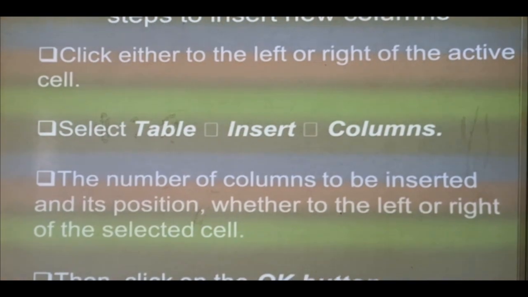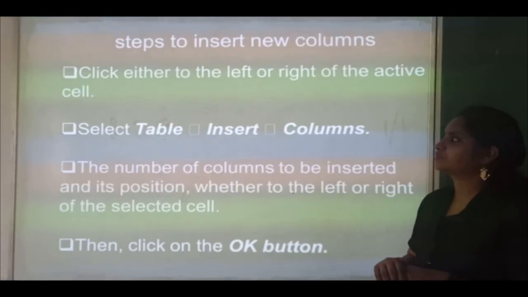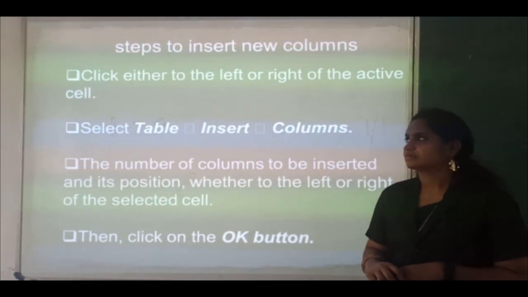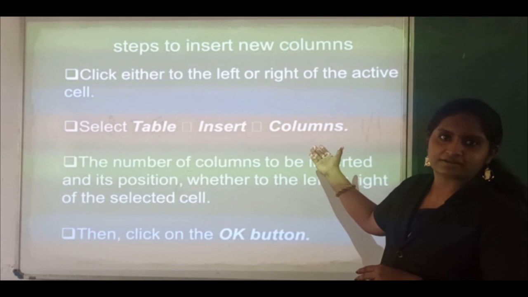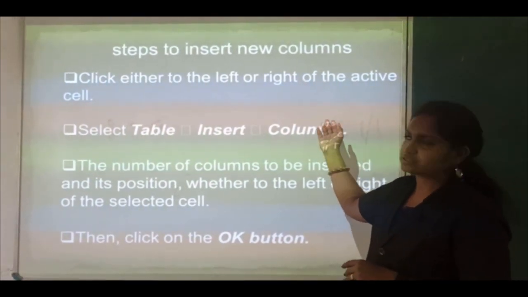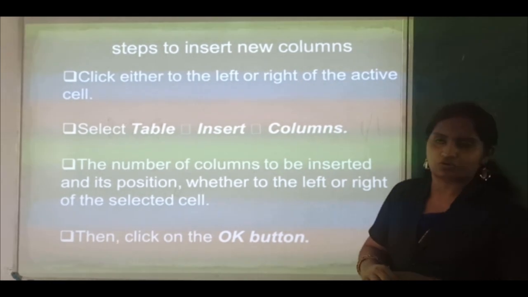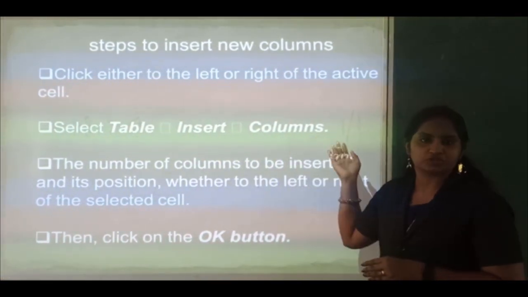Clear. And next is how to insert a new column. If you need to include a new column in a table, how can we do it? So go to that table and just right click where you want to include a column or row. Just click near that column or row and go to table, insert columns, or you have an option rows.